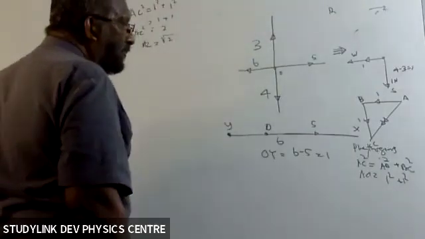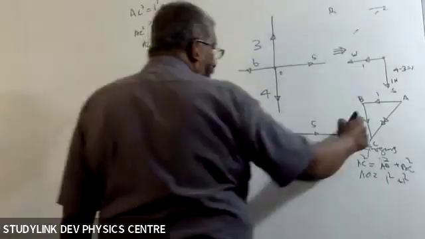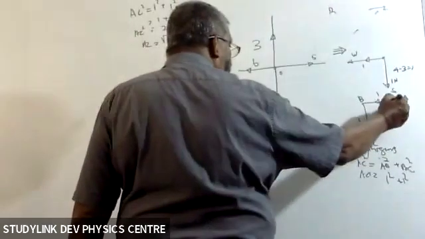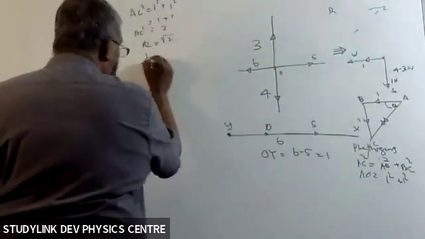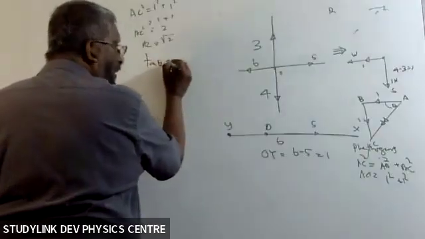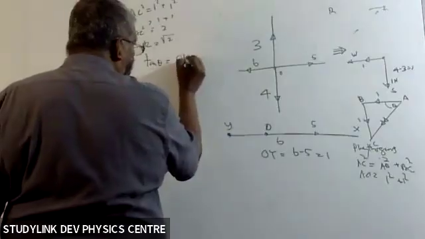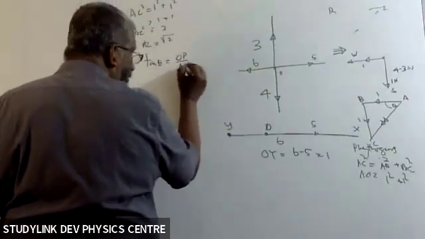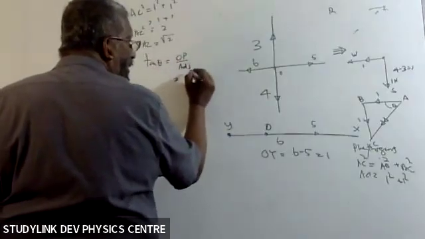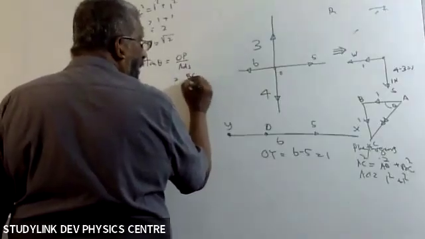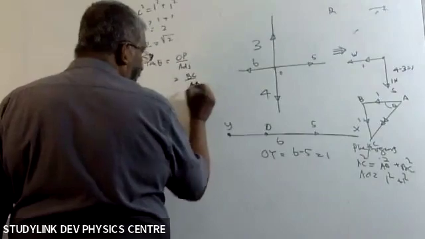Direction. Here, these two are equal. If this is theta, tan theta is equal to, today I am explaining the trigonometry, opposite divided by adjacent. Opposite is BC divided by AB.